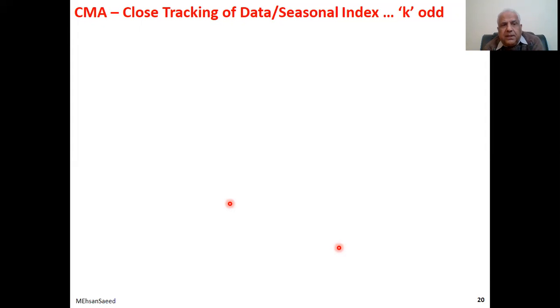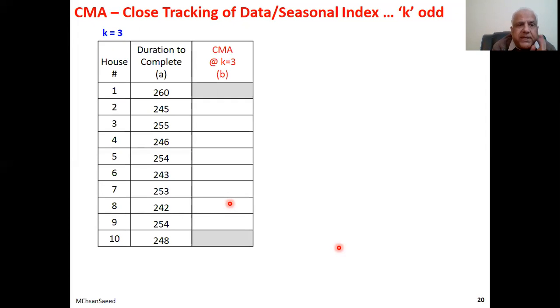Let me give you an example and it will become clear. It is again the same data. These are the actual durations. In order to work out the centered moving average or the seasonal index, let's start with k is equal to 3, which is odd, because it is slightly different when the k becomes even. As per simple moving averages, we take the mean of the 3.